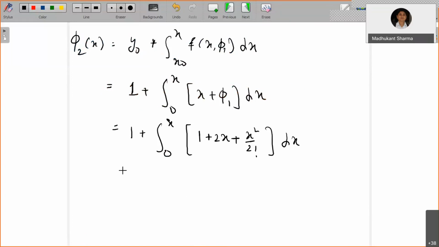So now this is equal to 1 plus x plus x square plus x cube by 3 factorial. Okay, now it is not in the same pattern as the previous pattern.